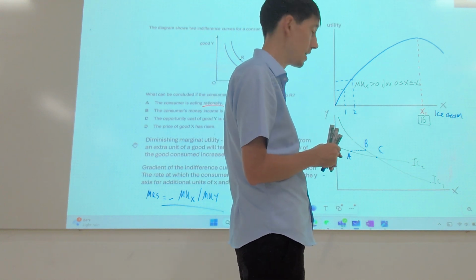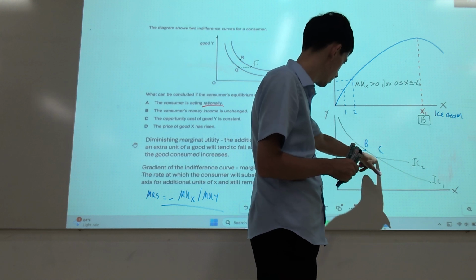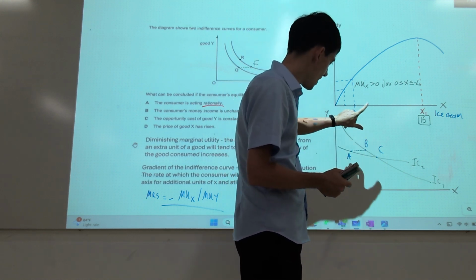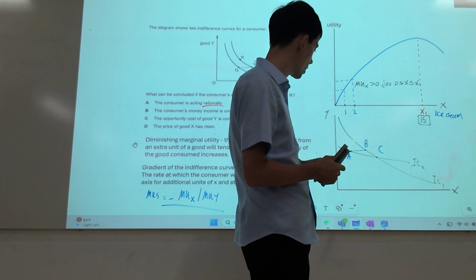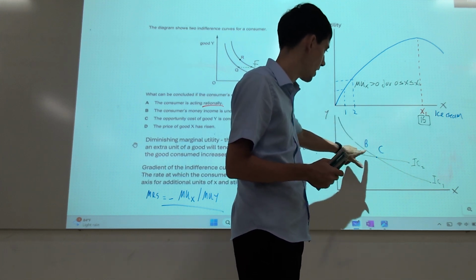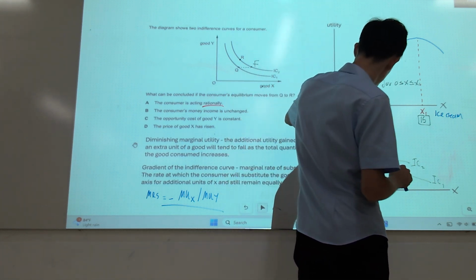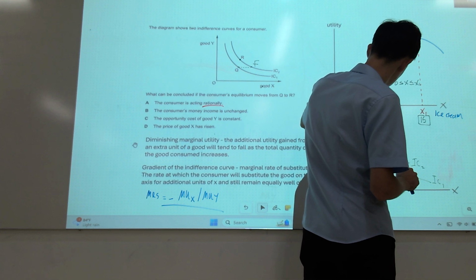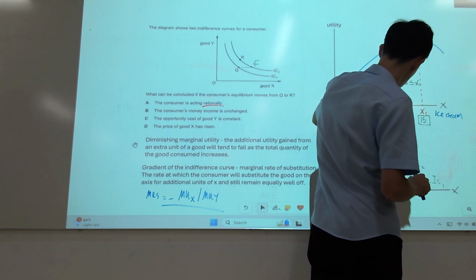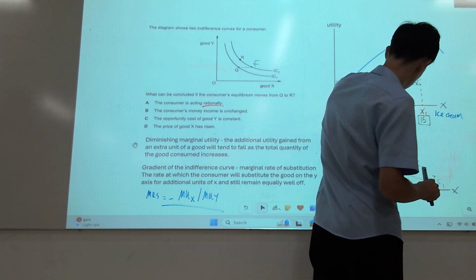A gives the same utility as C, because they're on the same indifference curve, but B must give more utility than A because B has more of X and the same amount of Y. So that is equivalent to saying B is preferred to A.